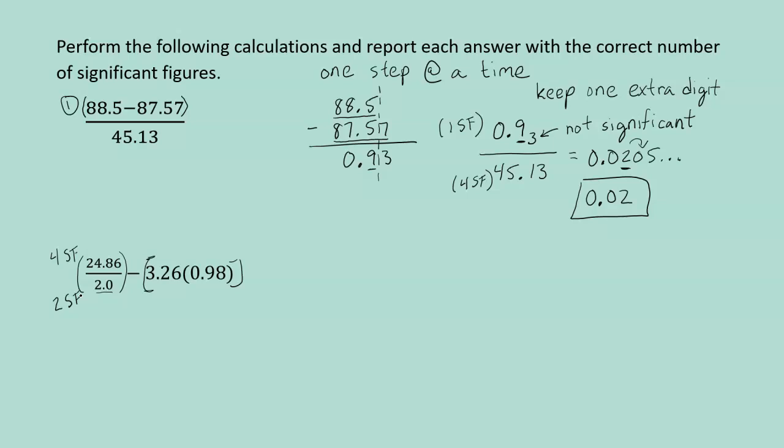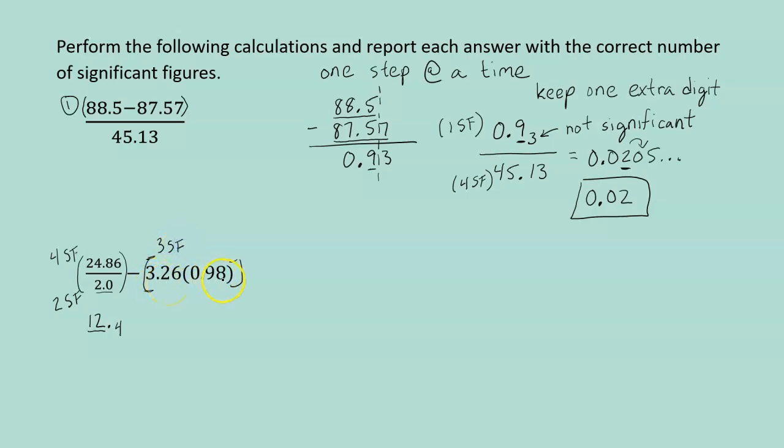So our answer to that first step should have 2 sig figs, but we're going to keep 1 extra digit. When we divide those out, you get back 12, that's my 2 sig figs, and then 0.4. We will subscript that 4 because it's not significant. Now in the second step where we multiply the 3.26, that's 3 sig figs. All of those are non-zero digits, and all of them are significant.